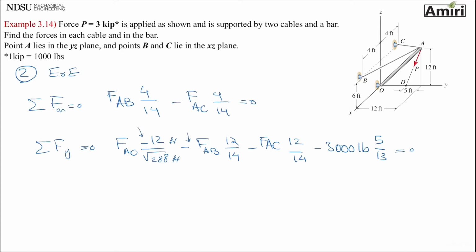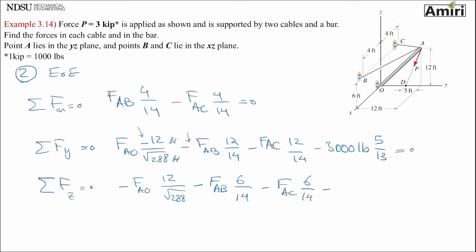There is no difference. It's just a matter of personal preference, where you want to put them and how it will help you to not get confused. Here, I put this one back. All the k's together, and that should be our equation that we set up for FZ. 6 over 14, 3,000 pounds, 12 over 13.